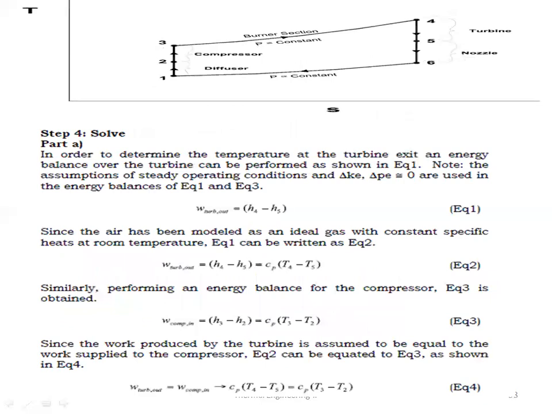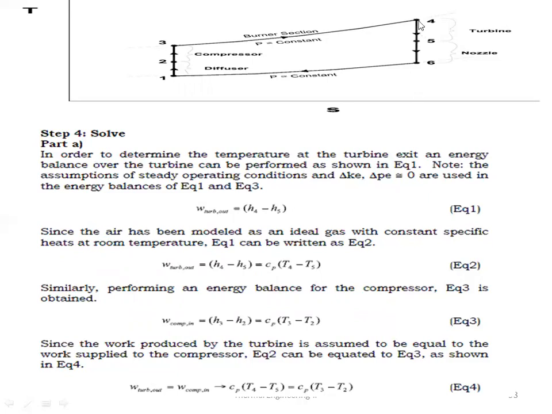Next, let us solve the first point. To solve the first point given in the problem, we can consider the TS diagram. In order to determine the temperature at the turbine exit, that is at point 5, an energy balance over the turbine can be performed. So we need to take the energy balance in the turbine.